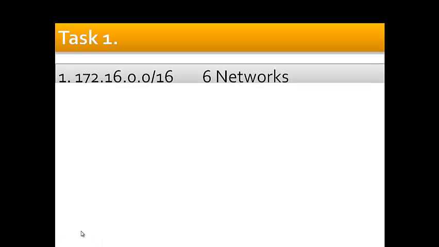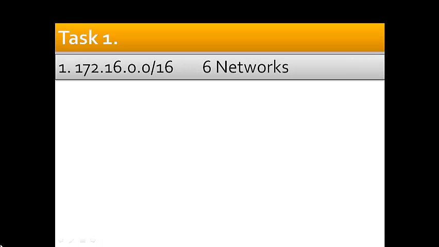Task number 1. You are given a class B network 172.16.0.0/16, that is the default subnet mask of class B, and you have to split this network into 6 subnetworks. What will you do first? You have to write down the binary form of the subnet mask.